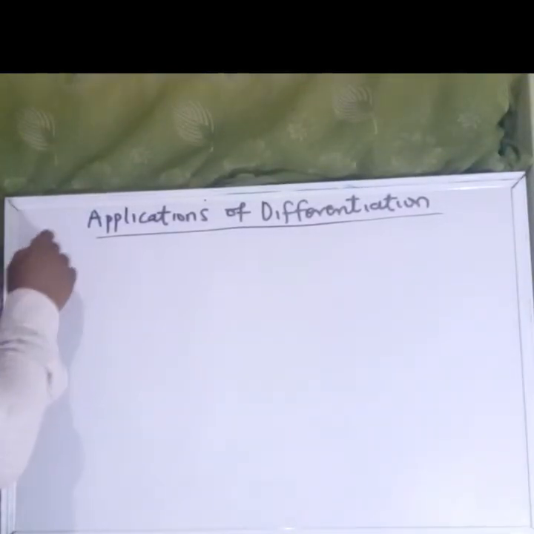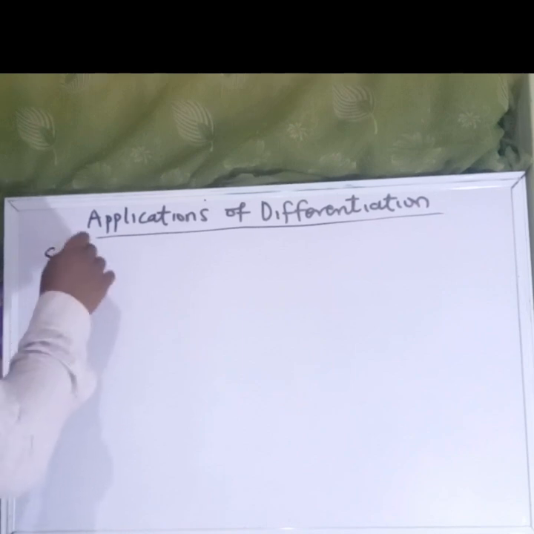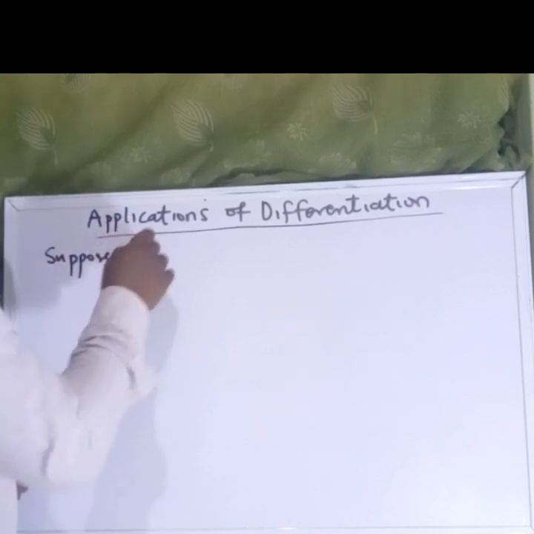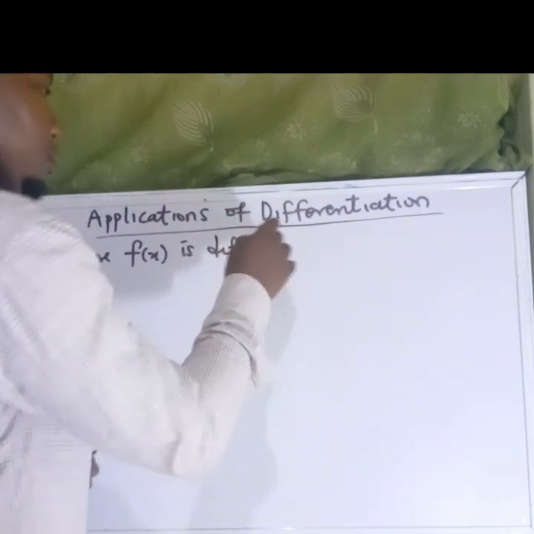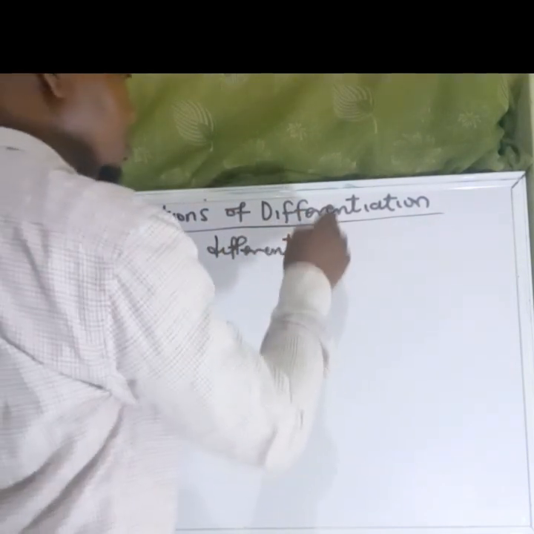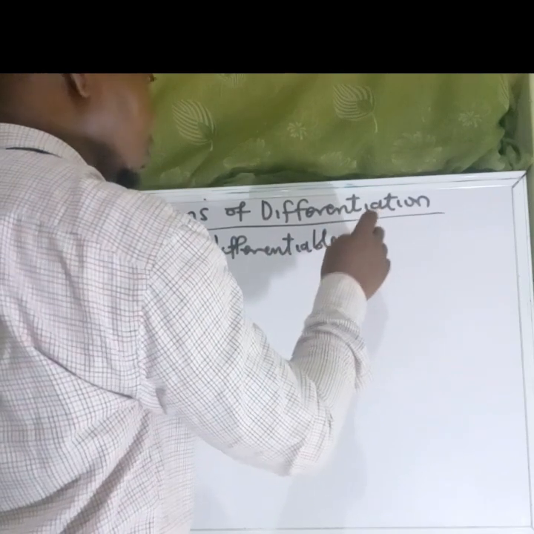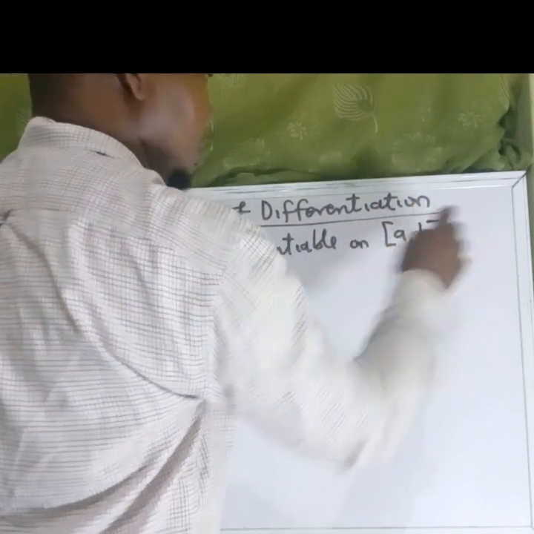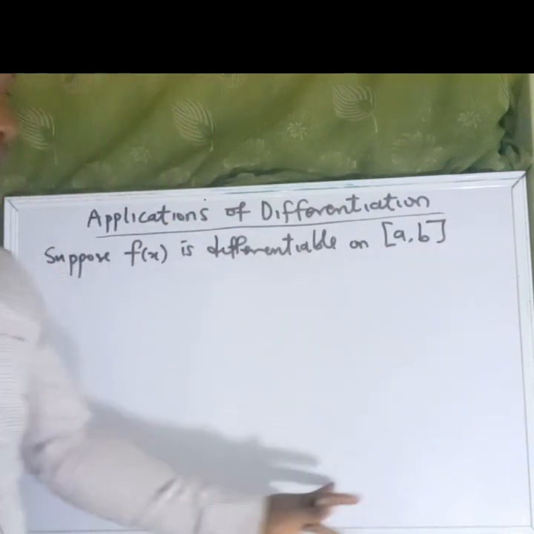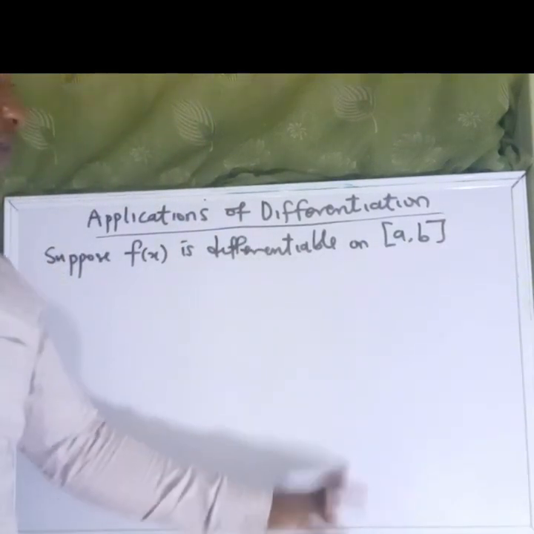So now, suppose f of x is differentiable on the interval a comma b. Okay, as we have it in the earlier graph we have here.